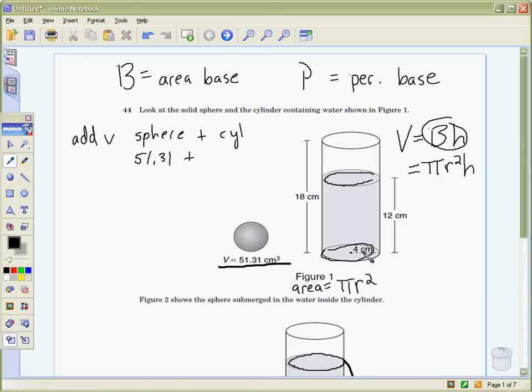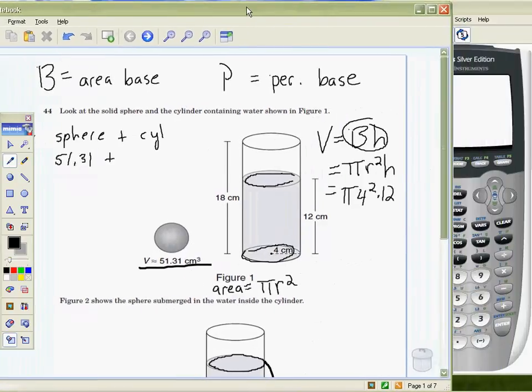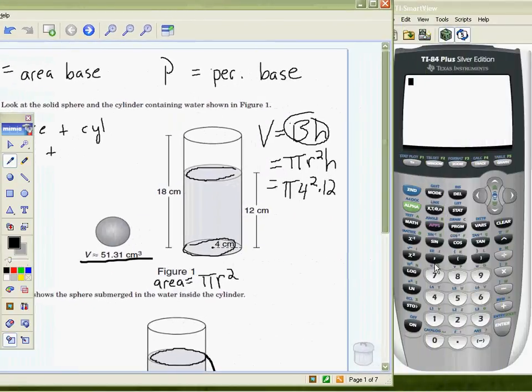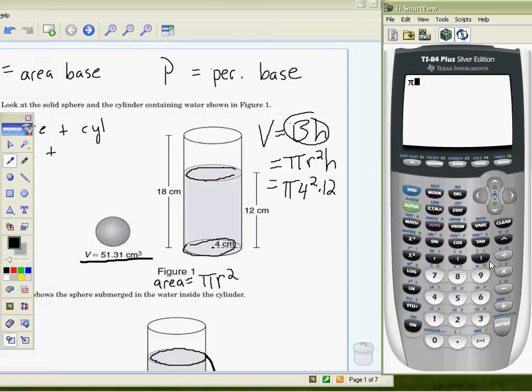So, what is r? R is 4. So far I have pi times 4 squared times h, which is 12. And I can just plug that into my calculator to get the volume. Pi times 4 squared, which is 16, times my height, which is 12, gives me 603.2 is what I'll call it.